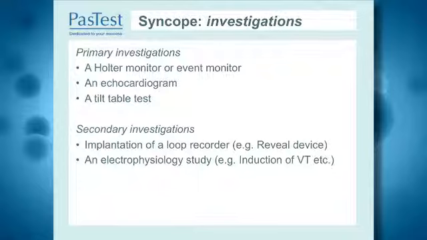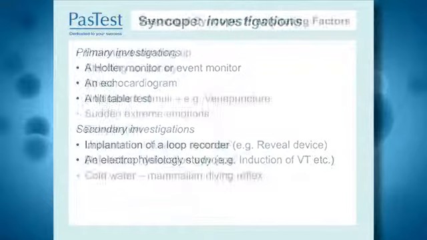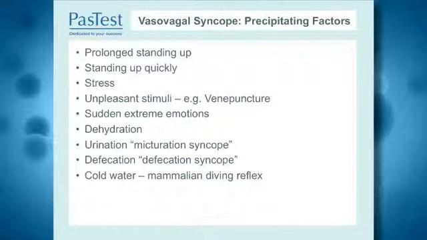If these primary investigations prove negative, then we may move on to more invasive procedures. These include implantation of a loop recorder, or so-called reveal device, or an electrophysiological study to try and provoke an arrhythmia, such as a VT stim. There are many precipitating factors for vasovagal syncope.